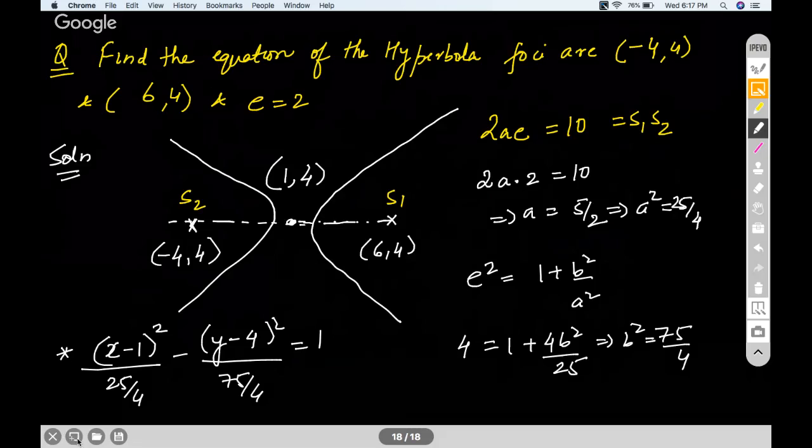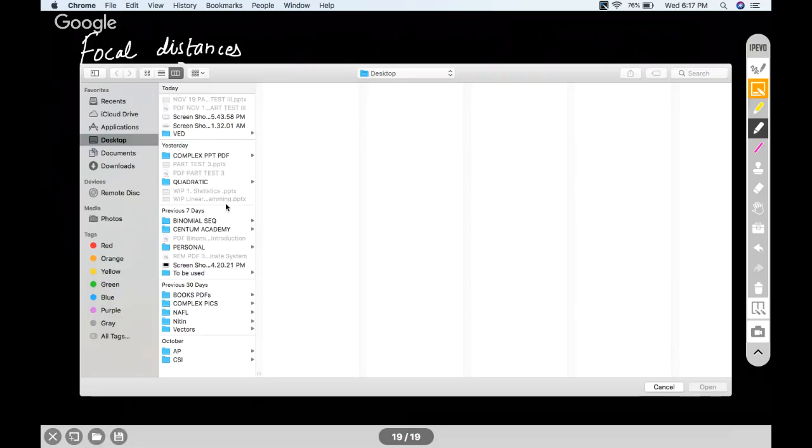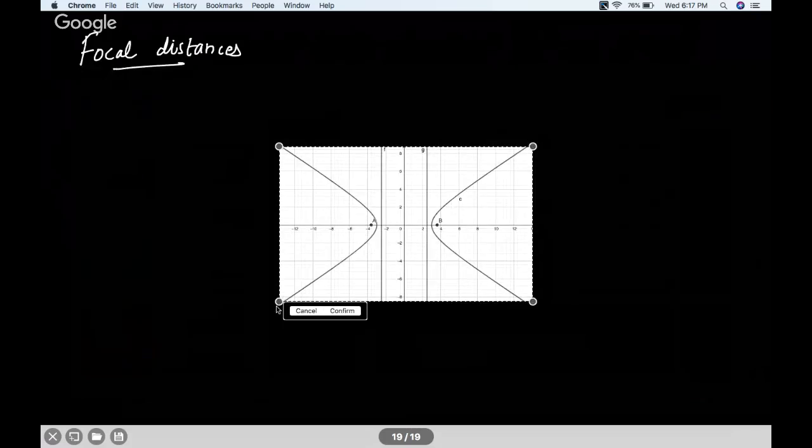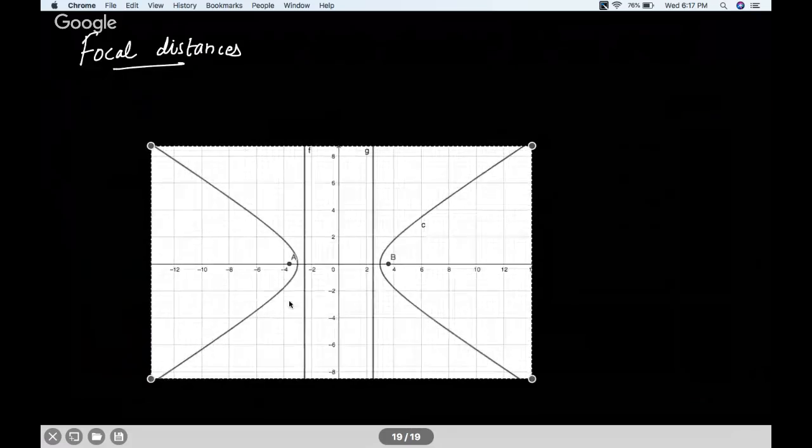Next concept that we are going to talk about is the concept of focal distances. Focal distance of a point from the two foci. So let's say I take a standard case of a hyperbola.